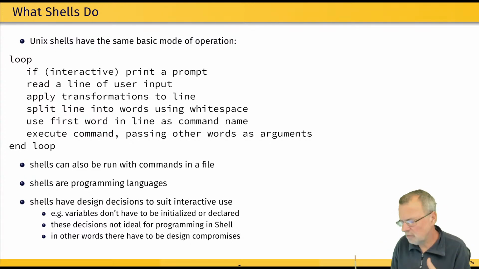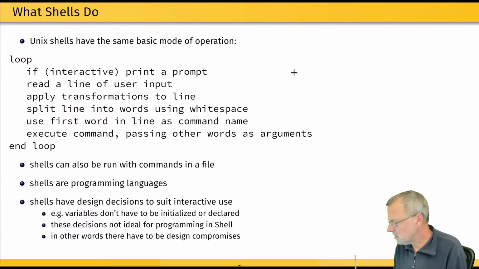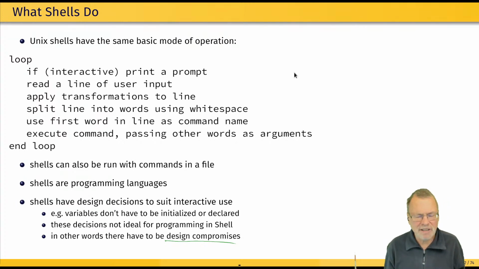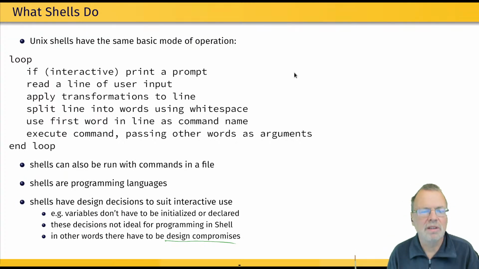Some of its control structures aren't so great. There are design compromises. If you were designing a shell language that was only ever going to be used for writing scripts, there are things you wouldn't do. Similarly, if it's only ever going to be done interactively, there might be things you would never do. So it's a compromise. It's a very interesting compromise. It's a very powerful and useful compromise.